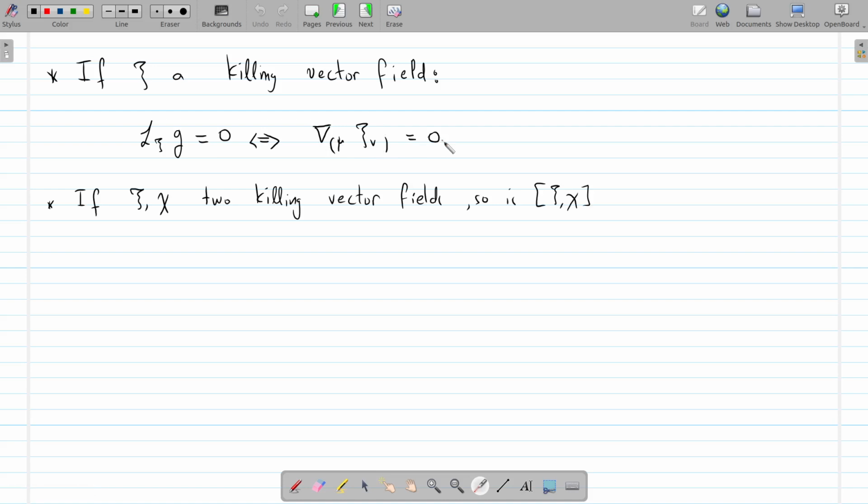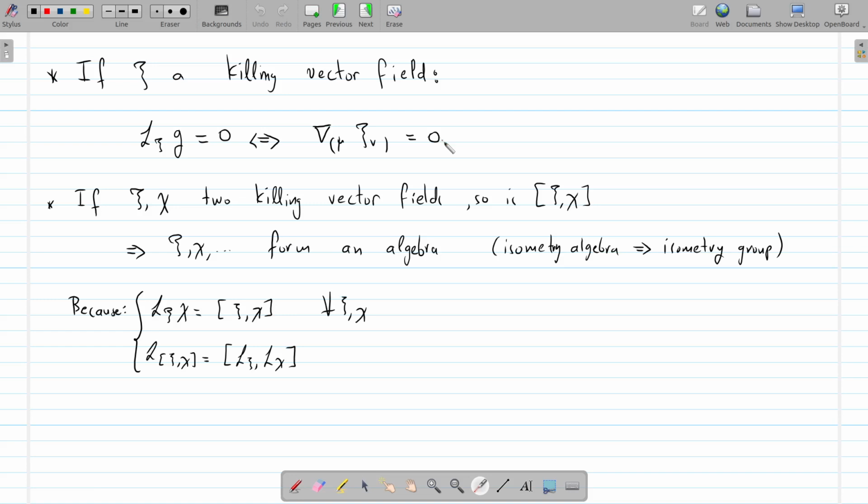Notice if you have two Killing vector fields on a manifold, then their commutator is also a Killing vector field. And that means that Killing vector fields form a closed algebra. That algebra is called the isometry algebra, and it generates the isometry group of the manifold.